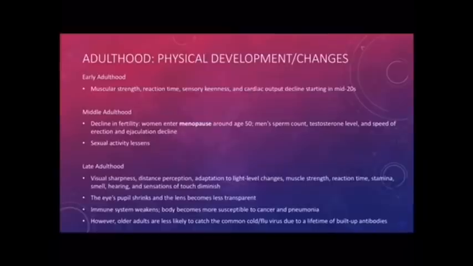And this is because they've seen so many different strains of cold and flu throughout their whole life that they've built up antibodies against them. So be aware that the immune system weakens and you become more susceptible to new illnesses, but the common cold and flu and stuff like that, you actually are less likely to catch as you get older.